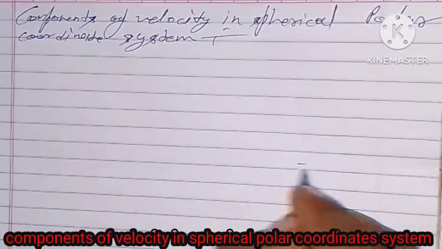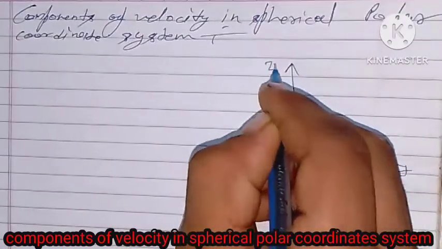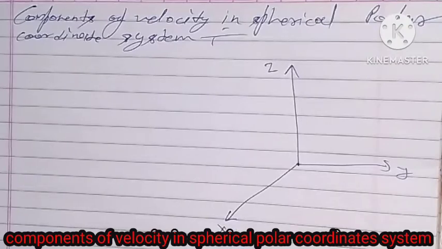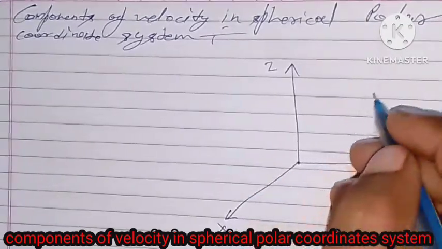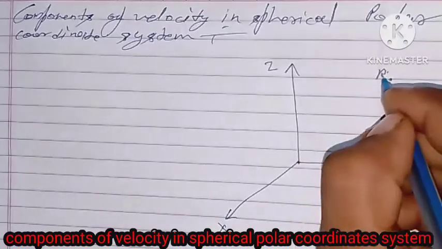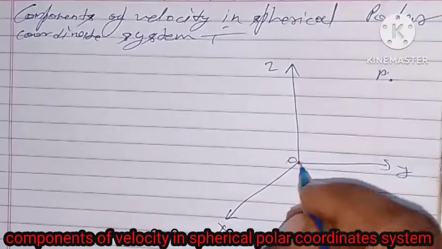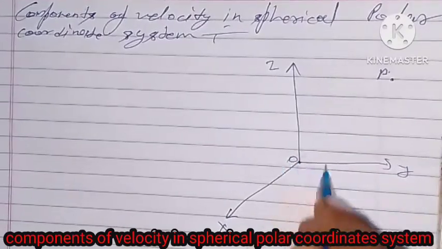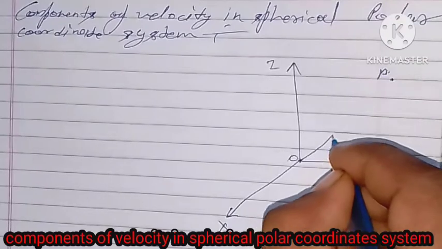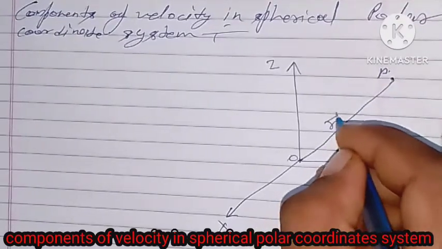Let this be the y-axis, this the z-axis and this the x-axis, and let there be a point P and the origin point O. All the axes are perpendicular to each other, and we draw a line from point O to point P. This is the vector r.